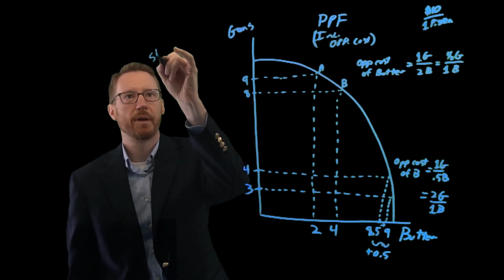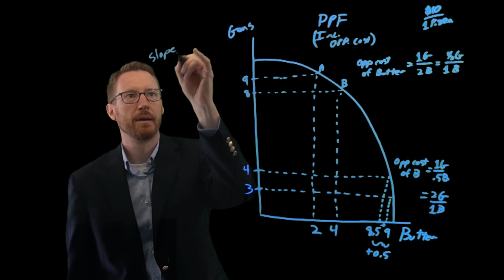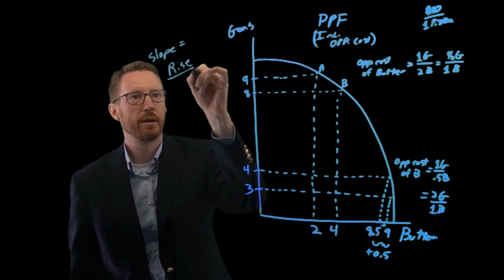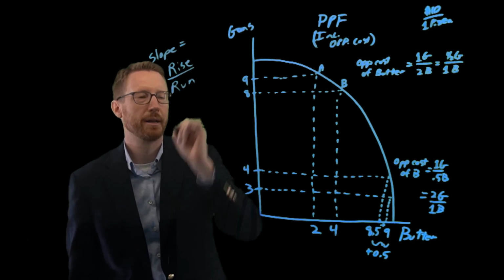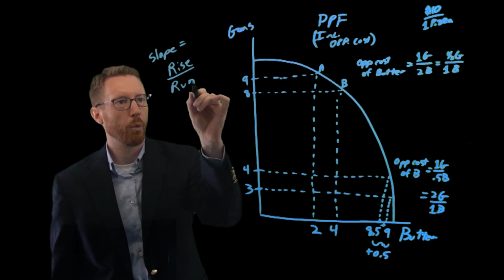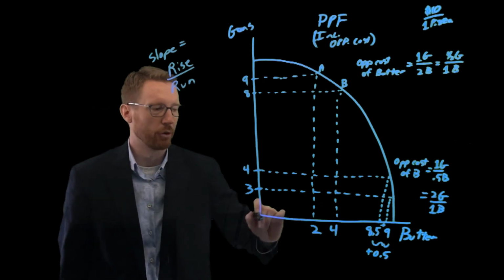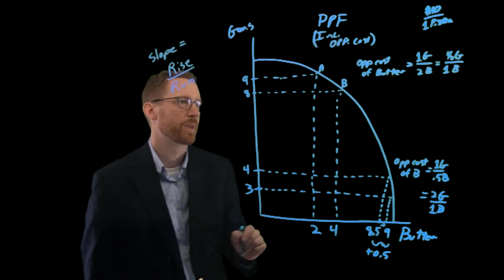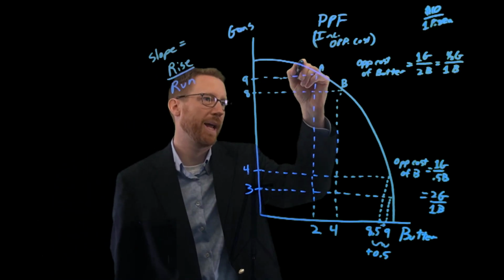So slope is equal to rise over run. What we give up to get one more of what's on our horizontal axis, that's our opportunity cost.